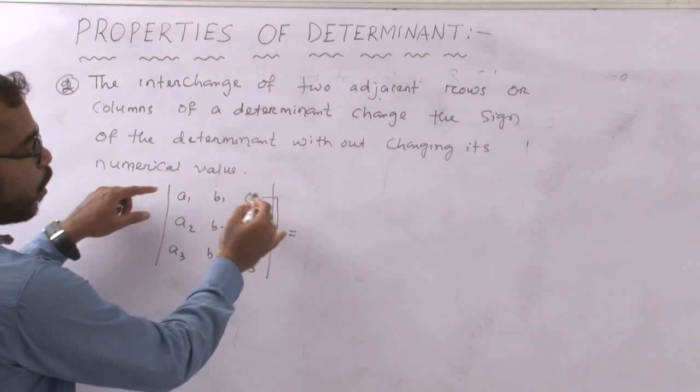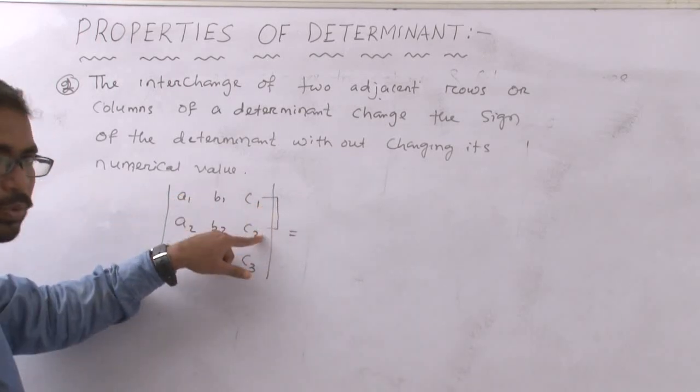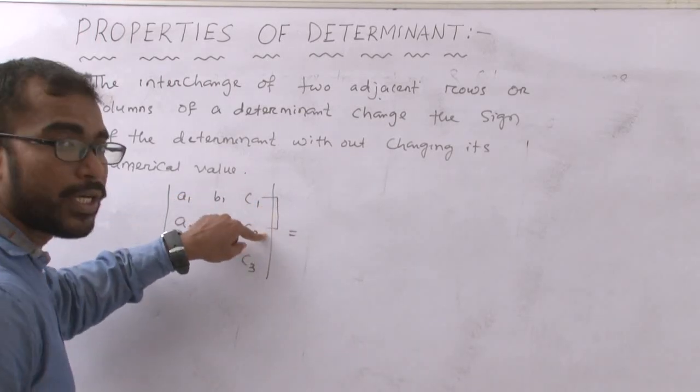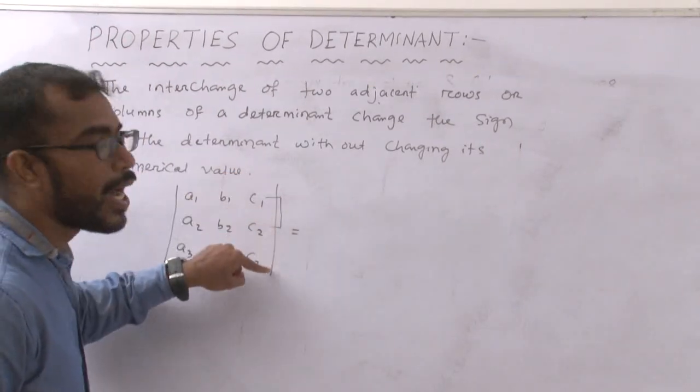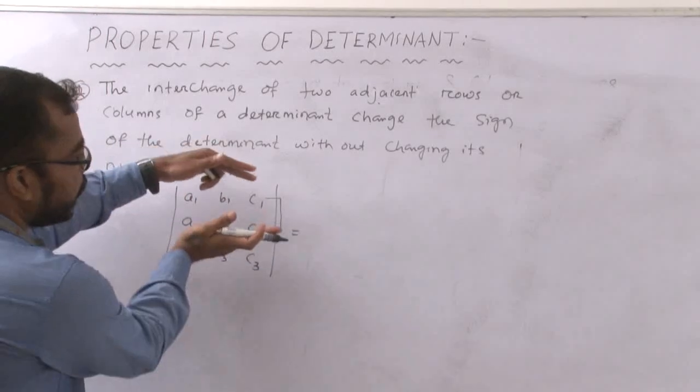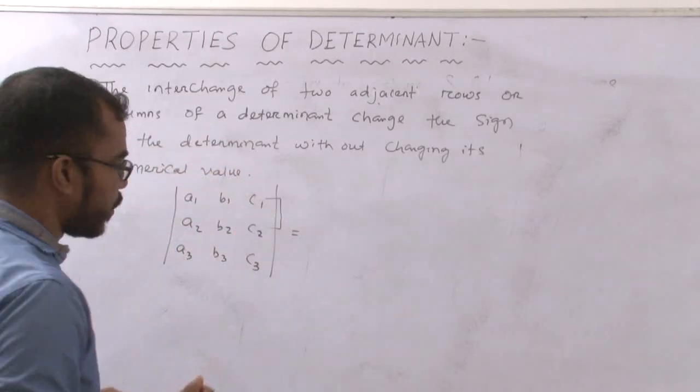The adjacent row of the first row is R2, and the adjacent rows of R2 are R1 and R3. So the nearer row is called the adjacent row.